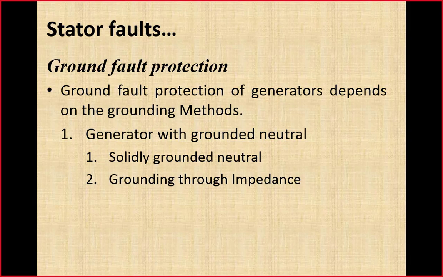Then there are further different methods of inserting that impedance. That could be a simple resistance, a reactor, or we can use this resistor or reactor on the secondary side of a grounding transformer.